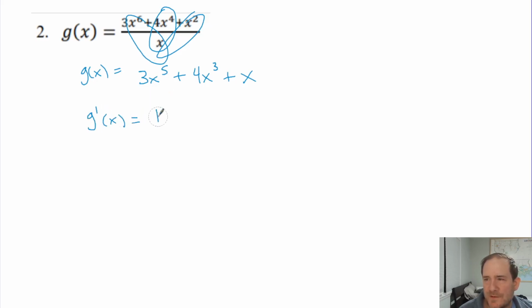So this derivative will be 15x to the 4th, 12x squared, plus 1. And I guess the only big thing to point out is, remember, the original function g had this natural domain restriction that said x can't be 0.